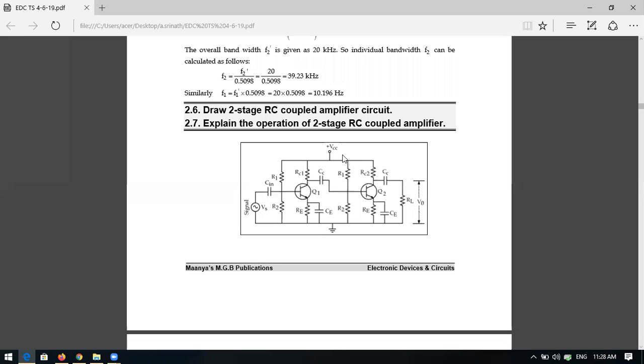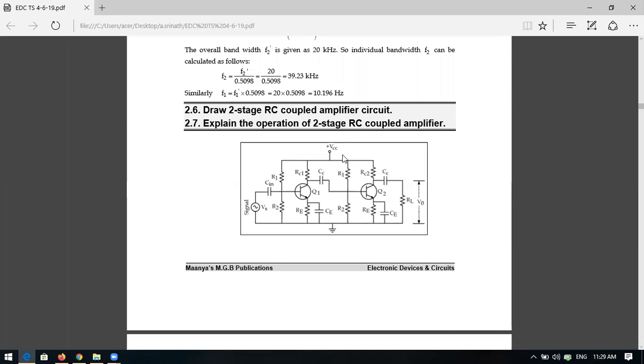So even though your AC signal is the input, the VCC also adds some DC to the circuit. That DC you can now call noise. So that noise plus AC signal, that means AC plus DC, is given to the next stage. But due to this coupling capacitor, the coupling capacitor will block the DC. Only the AC is allowed to the next stage.